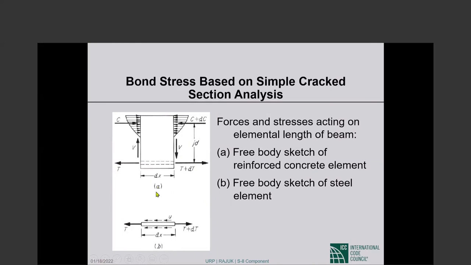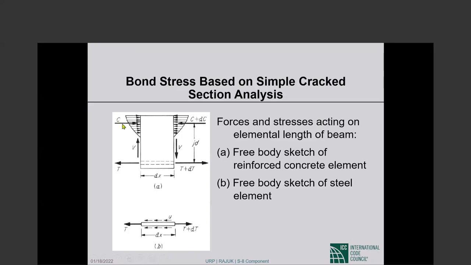As we did yesterday, we are taking a small portion of a beam, two sections that are distance dx apart. The tension in the steel at the left section is T. On the right section, it is T plus dT because the bending moment is a little bit different on the right section.